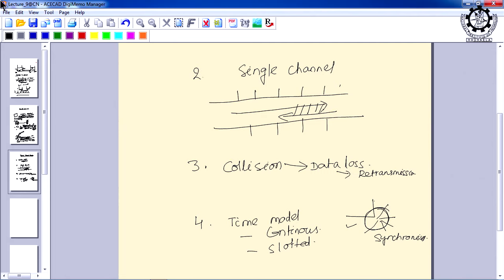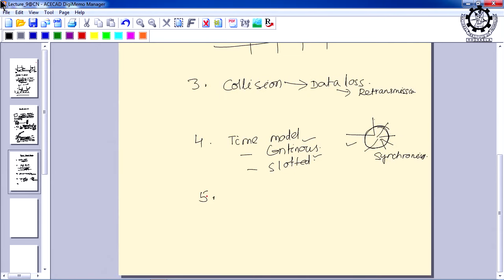So, either you have a slotted time or you have a continuous time model for the transmission. And the next assumption, the fifth assumption, is carrier sensing.